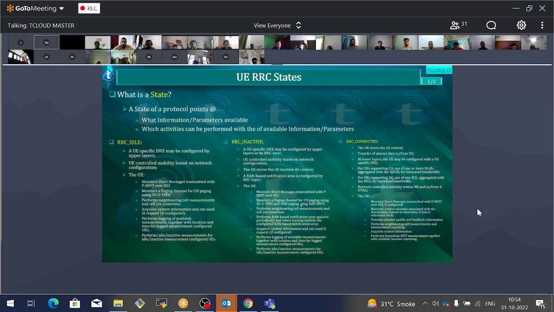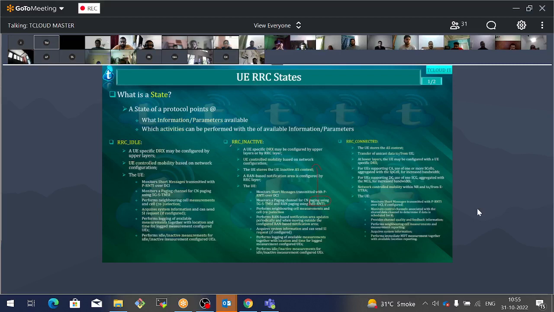Mobile would normally be listening to the paging channel to find out if any system information related modifications are occurring, or it will be listening to the paging channel with either the 5G S-TMSI or the full I-RNTI. What is this full I-RNTI? I-RNTI stands for inactive RNTI.